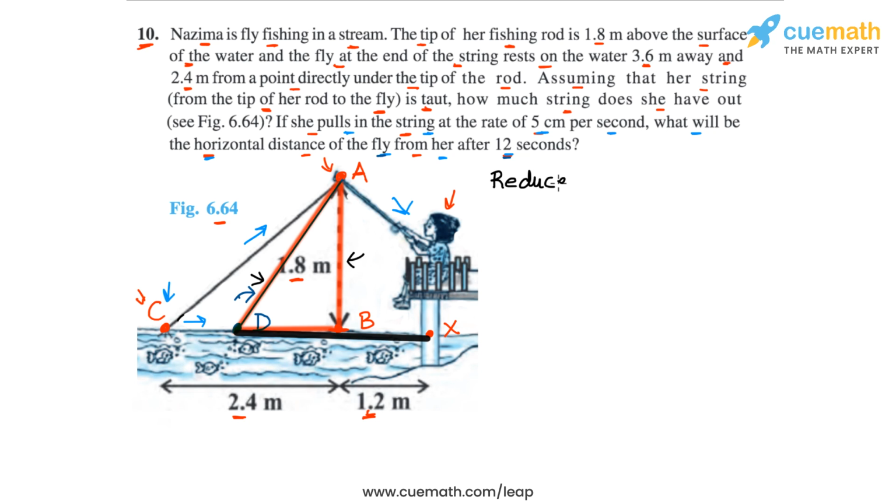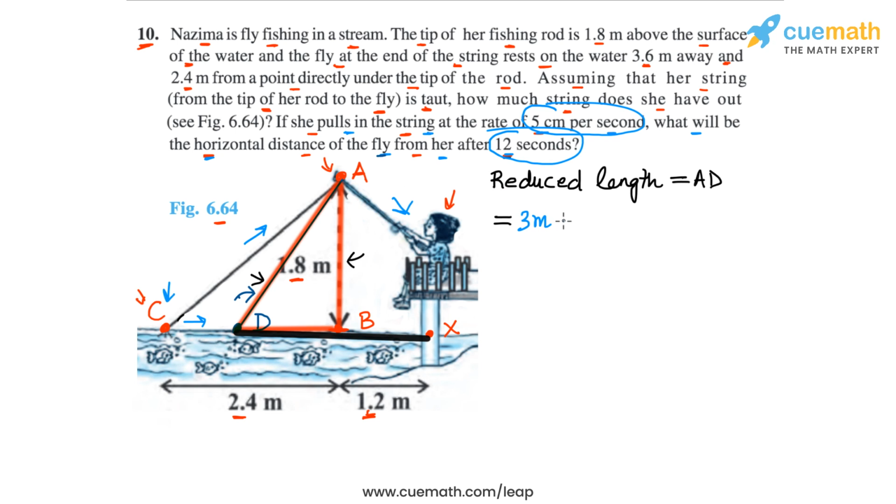So the reduced length, which is basically AD, will be equal to the original length. The original length was 3 meters. We calculated just now as the first part of the answer. So the original length of the string that is out is 3 meters. And then she is pulling in the string at the rate of 5 centimeter per second for a total of 12 seconds.